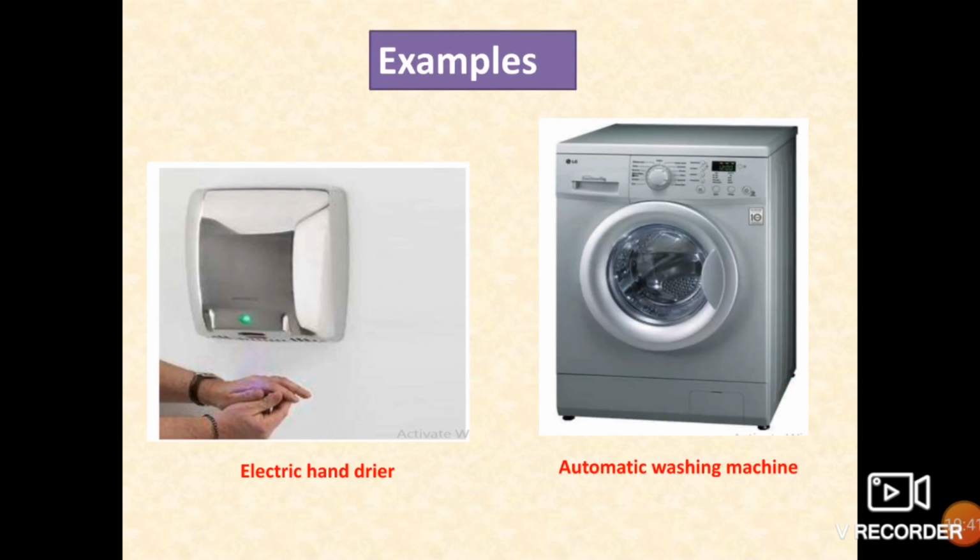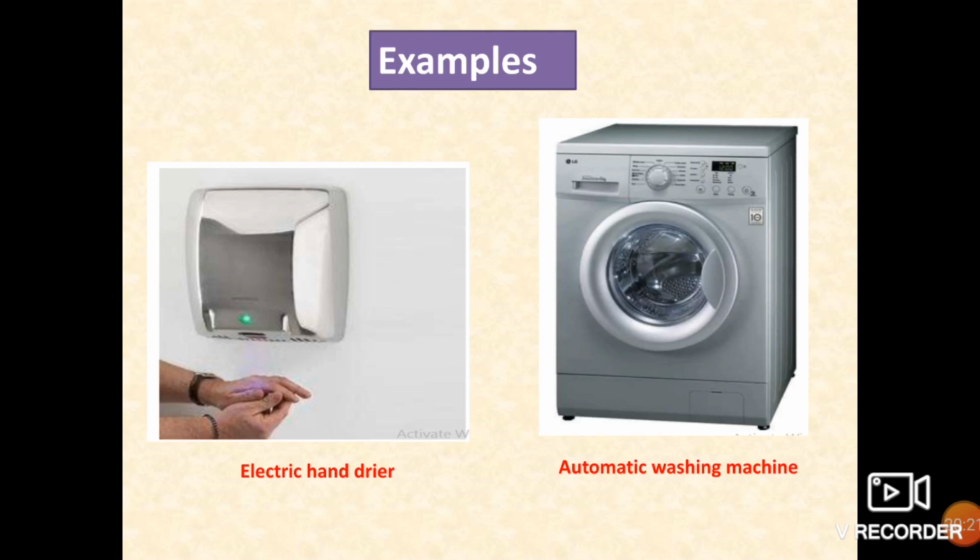Here I have taken an example of an electric hand dryer. So what is the purpose of an electric hand dryer? The purpose of the electric hand dryer is to dry your hand when you keep it under the electric hand dryer. Here, it will generate hot air as long as we keep a hand under the machine, irrespective of how much our hand is dried.